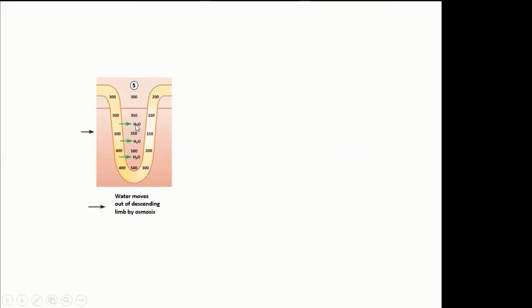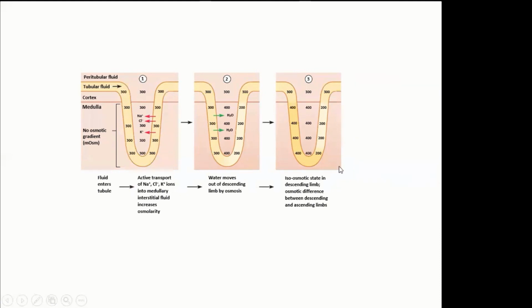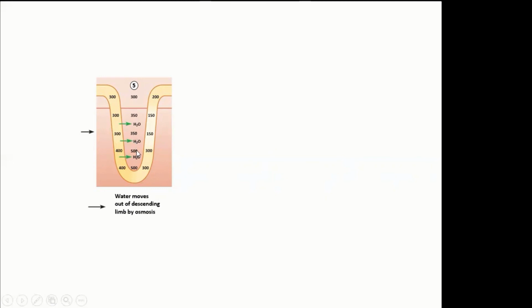So that's why we see that go down a little bit. And the same thing is happening here. Here we had a difference of 500 and 400, because before we were at 400 and 400, but we pumped more solutes into that area. And so now we're at a higher osmolarity in the medulla here. So we're going to have water movement between this 400 and 500 part as well.